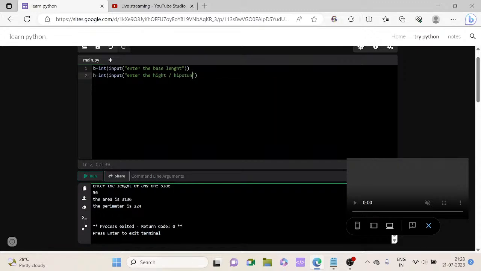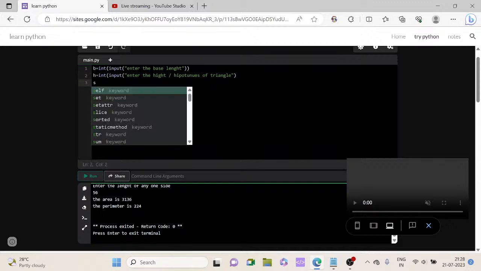Height is also known as the hypotenuse of the triangle. Okay, so next thing, side. We need one side also. Equal to int.